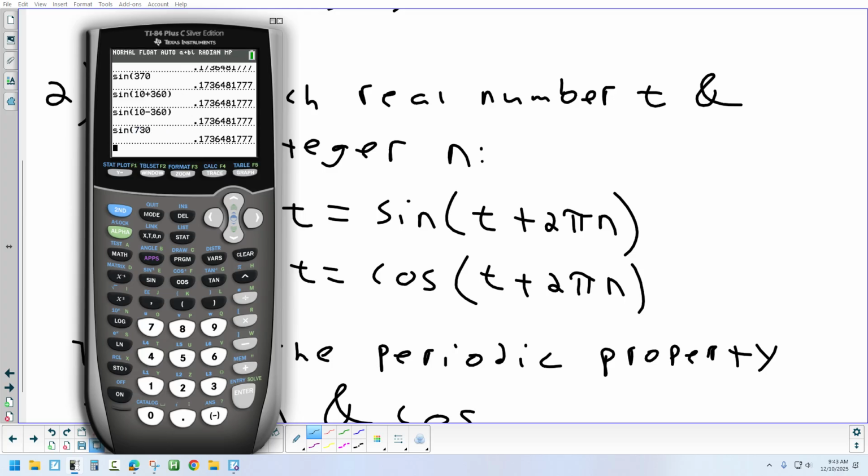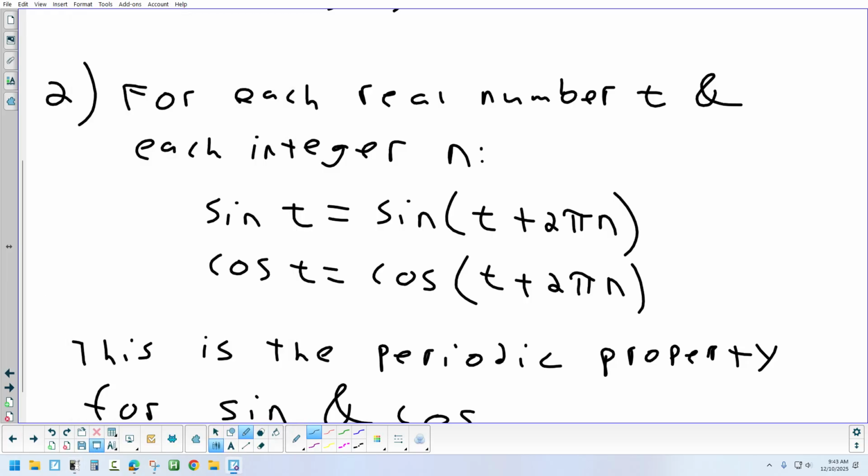So if I take something like the sine of 1.5 radians, or the sine of 1.5 radians plus 2 pi, same thing. I can add or subtract 2 pi as many times as I want, and it will never change the answer to a sine or a cosine problem. That's what this is saying.